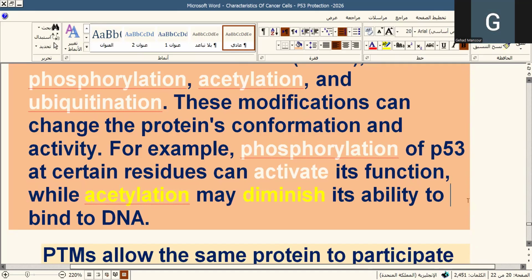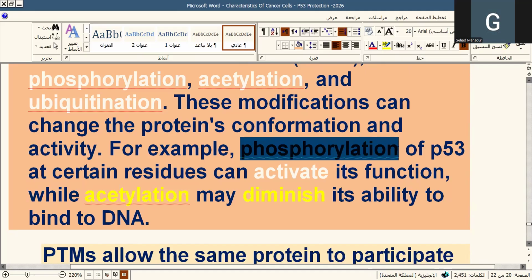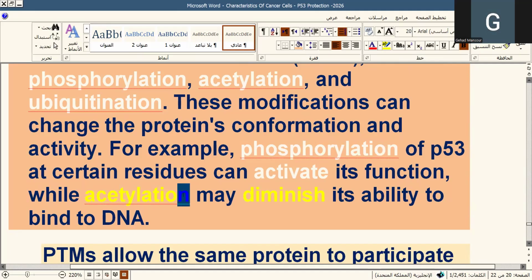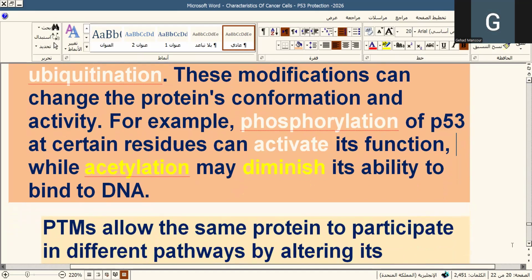So both of them, phosphorylation and acetylation, will change the conformation of P53. Phosphorylation simply means addition of a phosphate group, whereas acetylation means that we are adding an acetyl group, or CH3 group, to P53. While phosphorylation causes activation, acetylation will diminish the ability of P53.